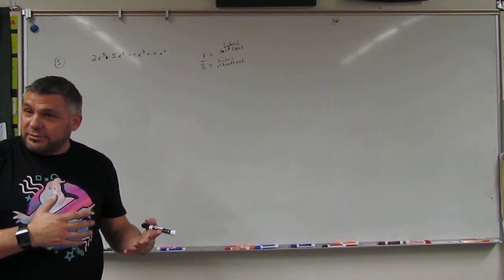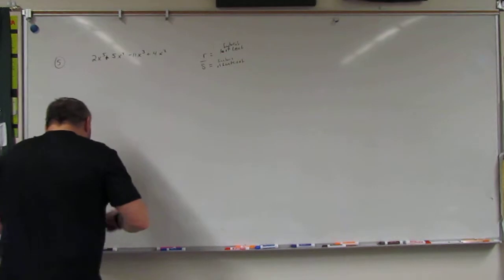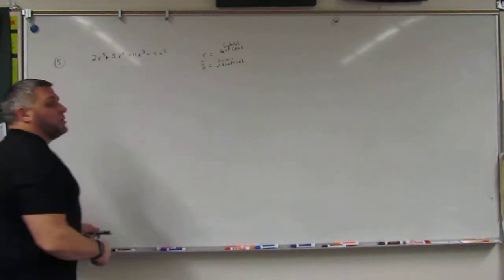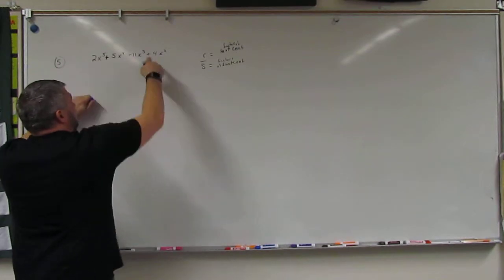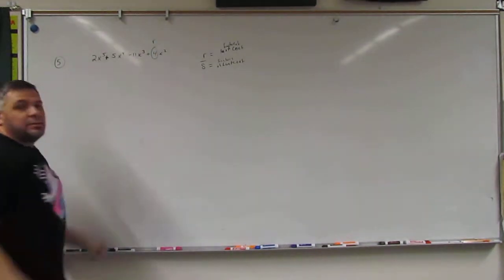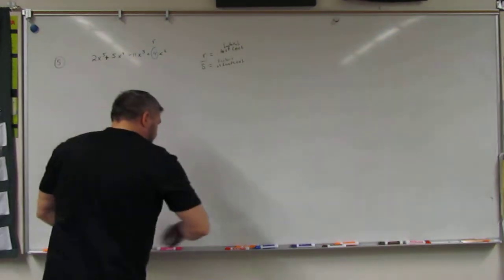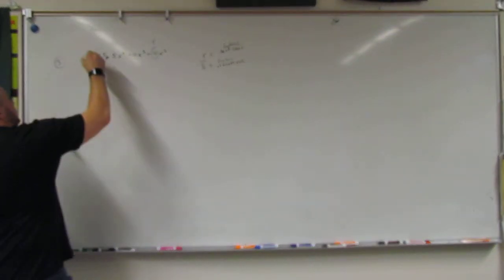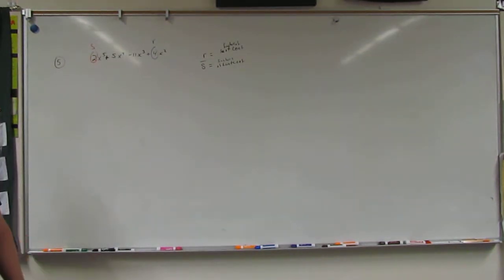the graph, okay? So the R value is the last coefficient. That's this guy. That's 4. That's R. And the S, well, that's this guy, the first coefficient. But it's all the factors of those.